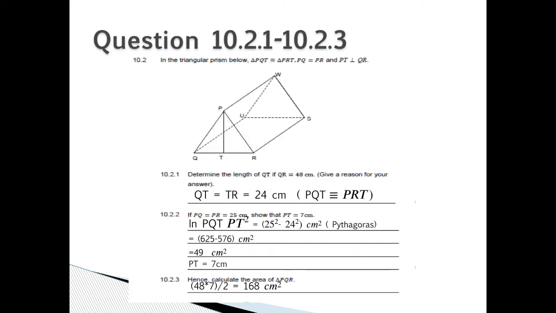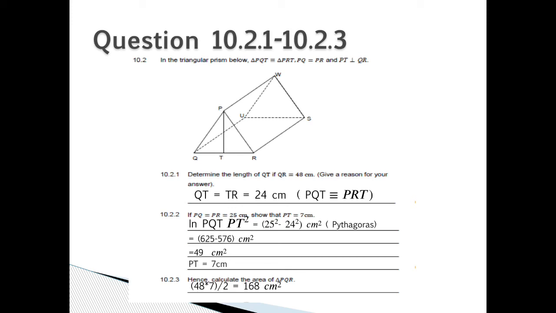For question 10.2.1, QT is equal to TR, which is equal to 24 centimeters. Therefore, PQT is congruent to PRT. In triangle PQT, PT squared is equal to 25 squared minus 24 squared in centimeters, using Pythagoras, which is equal to 625 minus 576 centimeters squared, which is equal to 49 centimeters squared.